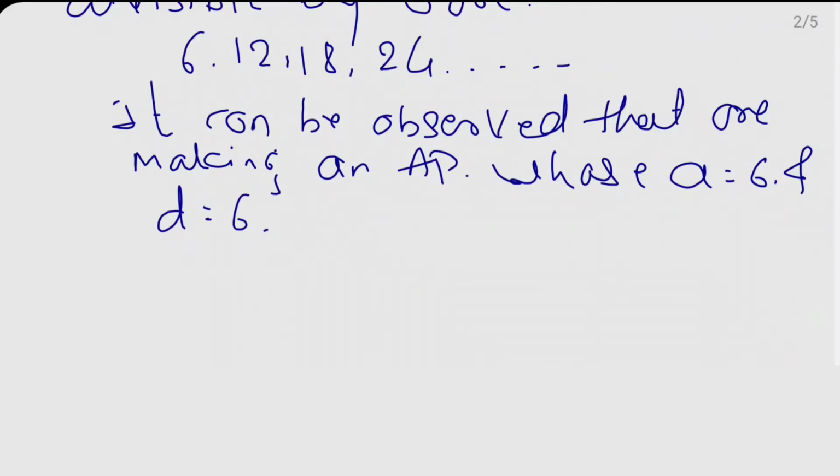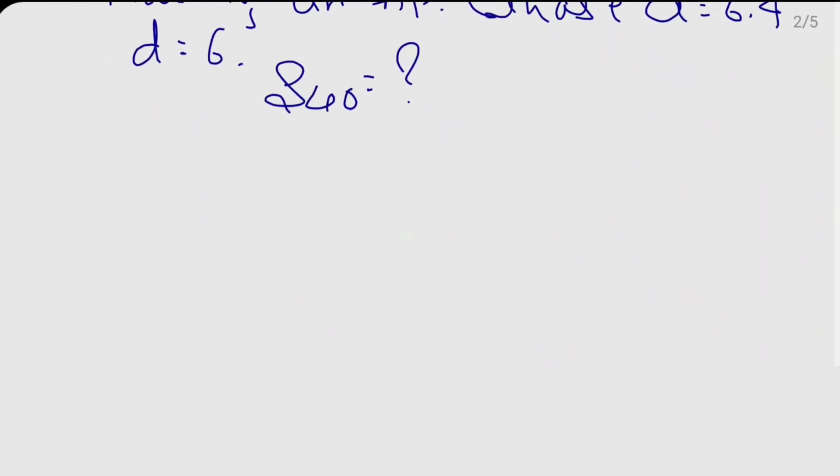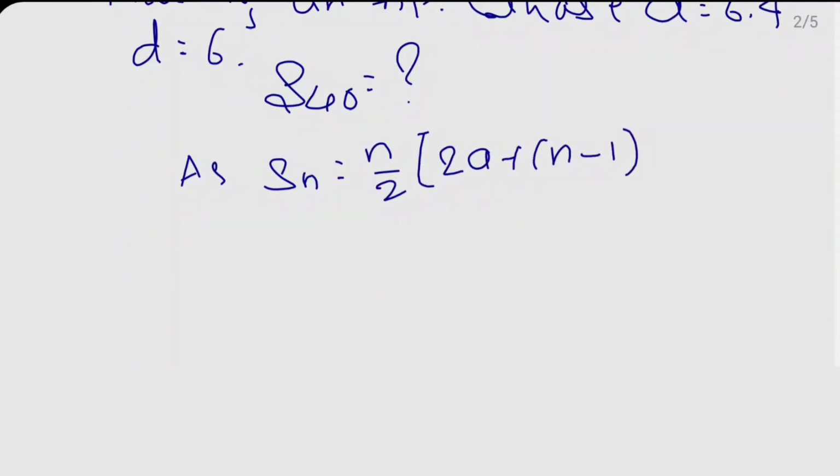So now we want to find out here S40, sum of first 40 integers. Is it clear? So as we know that Sn equal to n by 2, 2 into a plus n minus 1 into d, right?